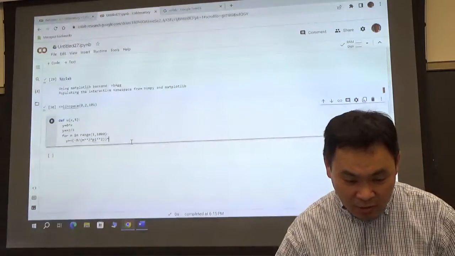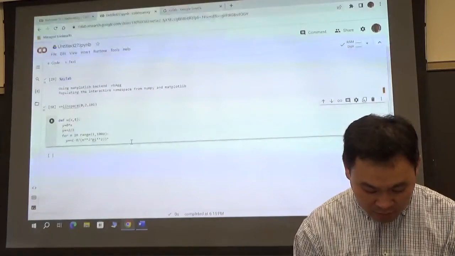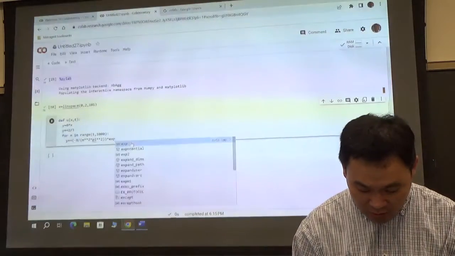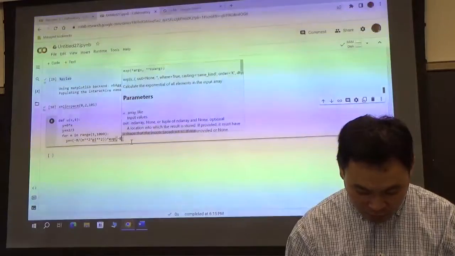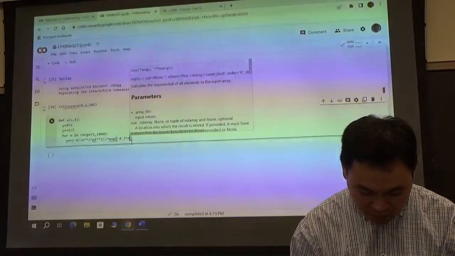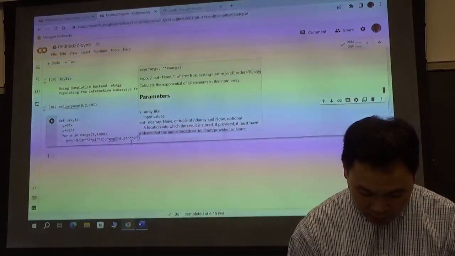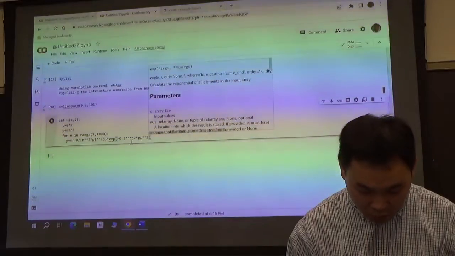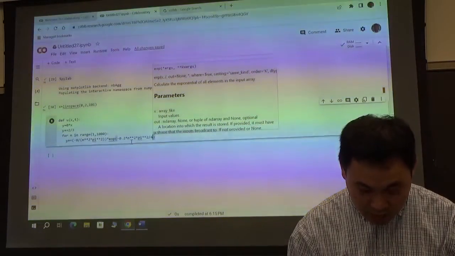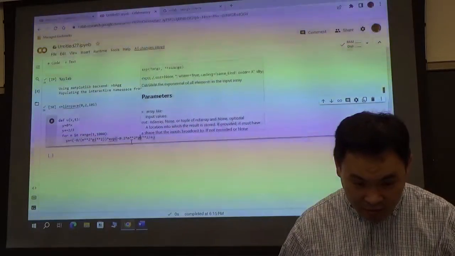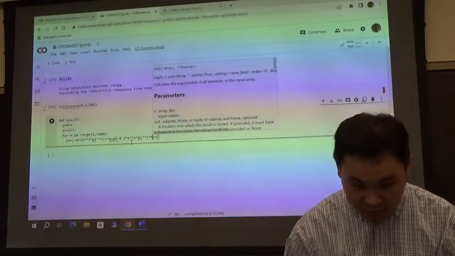And then you have e to the power of something, which has a function in Python. It's called exp of negative 0.2 times n squared times pi squared over 4, and then times t, right? So I'll just put times t here.